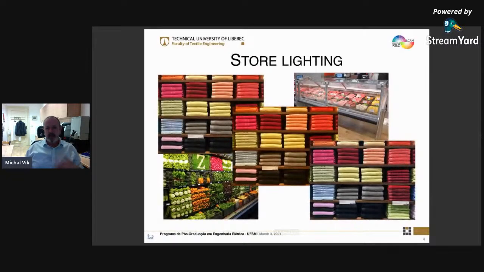If we are thinking about a simple situation, as for example store lighting, you know that via installation of different luminaires, different light sources, we can obtain a little bit brighter, a little bit more saturated or less saturated colors of our product. We can improve the color appearance of food, for example.